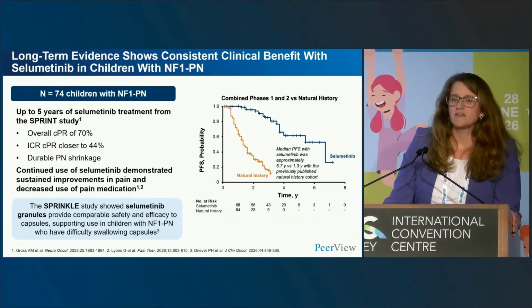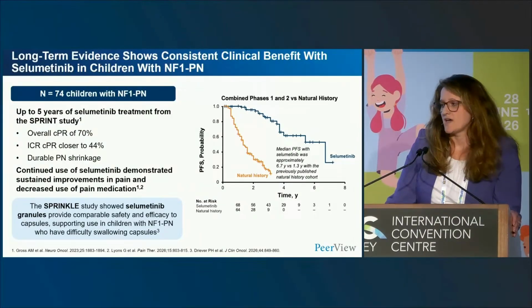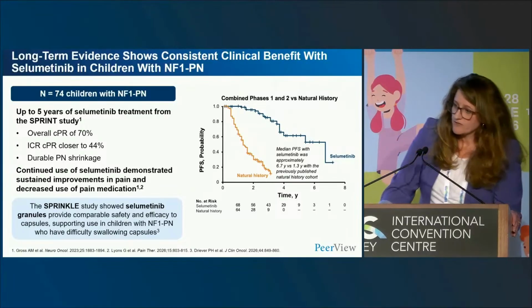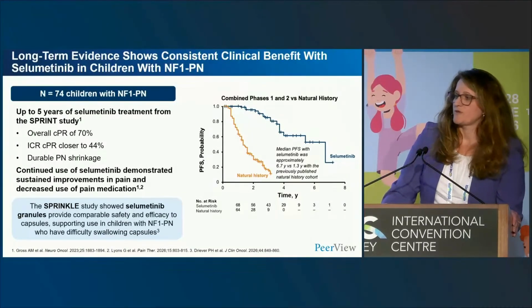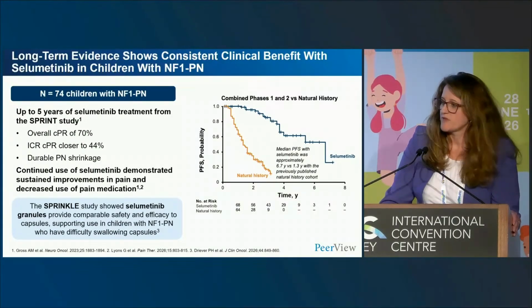We now have had several clinical trials that have looked into evidence of benefit. So the SPRINT study, the pioneer study, had 74 children with NF1-related plexiform neurofibroma, with 5 years of data from that treatment.